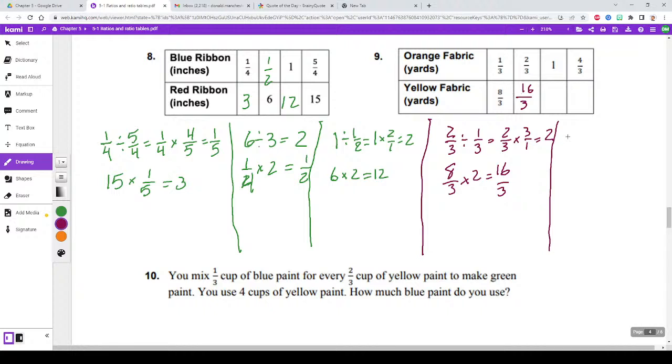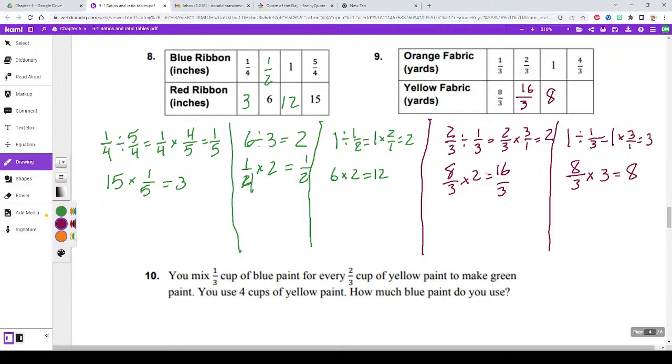Next, I'm going to go from 1/3 to 1. So 1 divided by 1/3 equals 1 times 3 over 1, which is 3. 8/3 times 3 is going to just be 8.